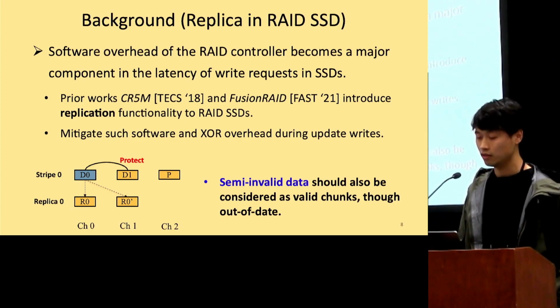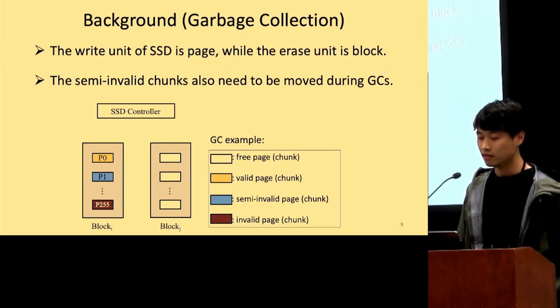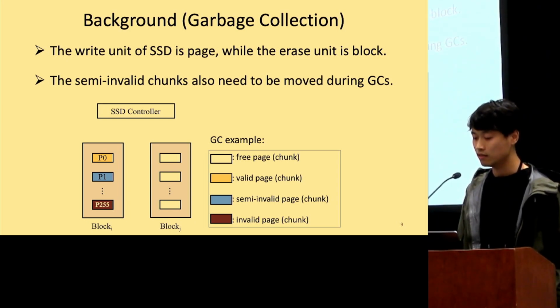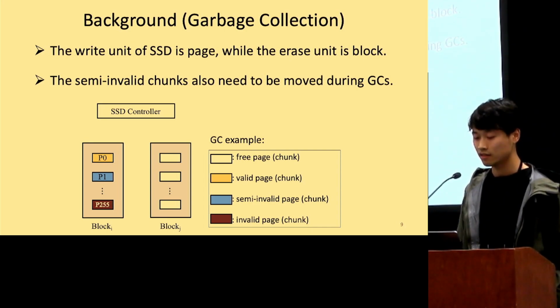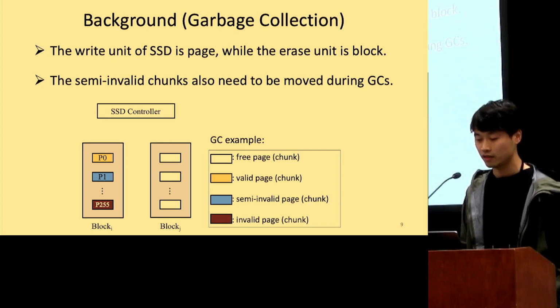Next, I will introduce garbage collection in SSDs. This is an example of garbage collection. SSDs do not support in-place update, and the read unit of SSD is a page whereas the erase unit is a block. So when block I is selected as the garbage collection candidate block, it must first copy the valid data to other free pages.